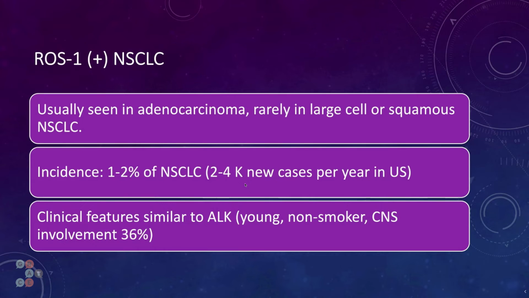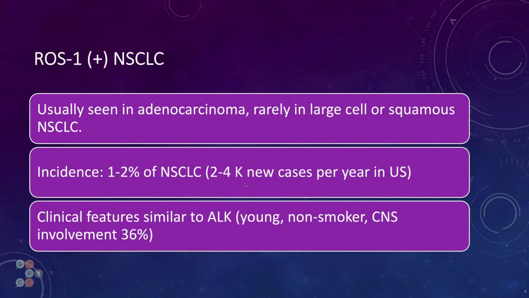The clinical features of ROS1 malignancy are very similar to ALK, affecting patients that are younger. Usually we see that in non or light smokers, and it has a higher tendency to affect the central nervous system with brain metastasis. On average, about 36% of patients have brain mets.